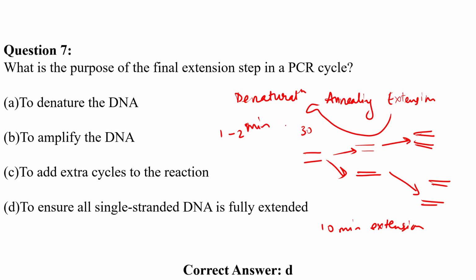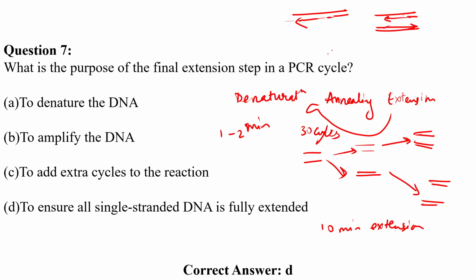So basically, what does it mean? Let's say I had a single stranded DNA, primer is annealed, and now the polymerase is synthesizing the DNA in this direction, but before it could complete the synthesis, again denaturation started. So we have two strands, and again the primers will anneal, and then again extension will start.